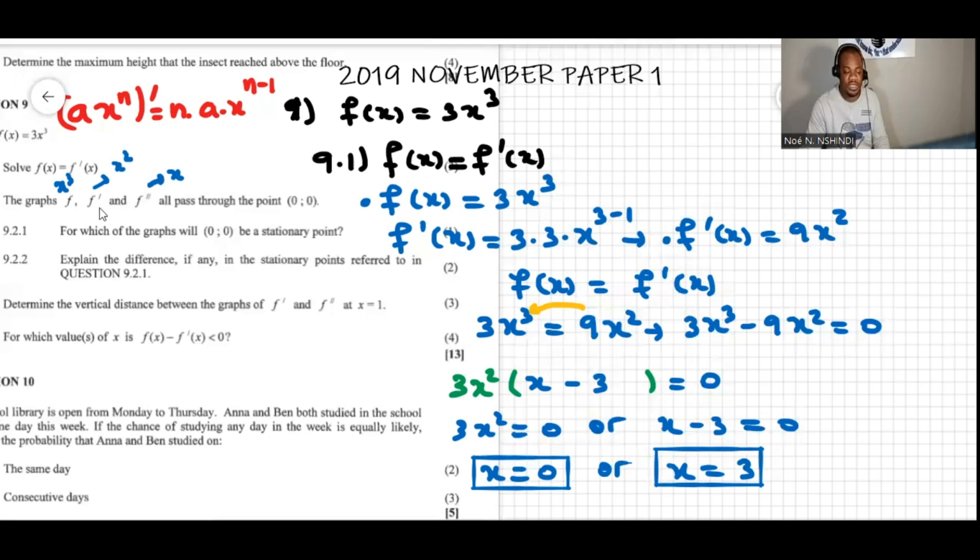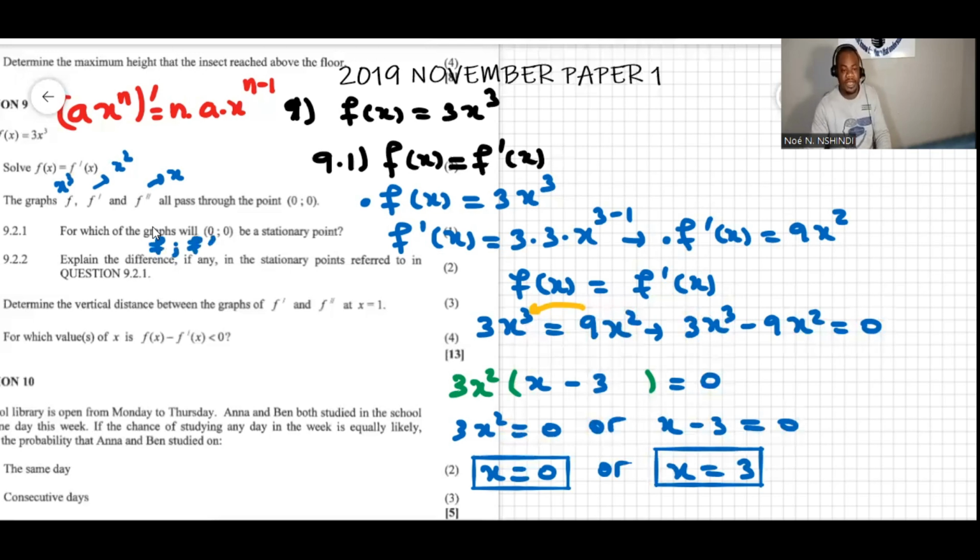This is cubic. This is quadratic. These two have stationary points, but f second is a straight line. A straight line doesn't have any stationary points or turning points. So the graphs for which (0, 0) will be a stationary point are the graph of f and the graph of f prime.